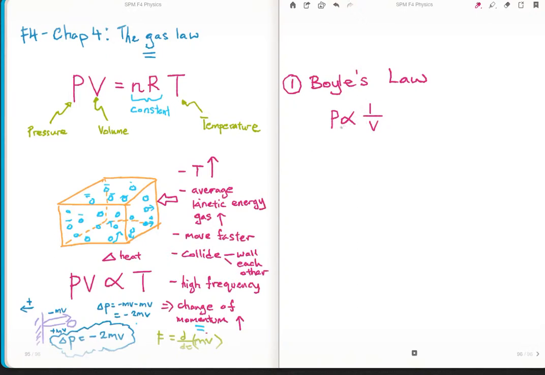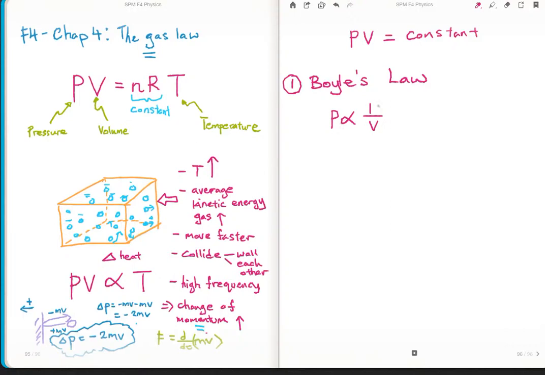So when the pressure of a fixed mass is inversely proportional to its volume, that is Boyle's law, where P and V, the product, has to be constant, a fixed number. So you bring it down, therefore 1 over V, right?